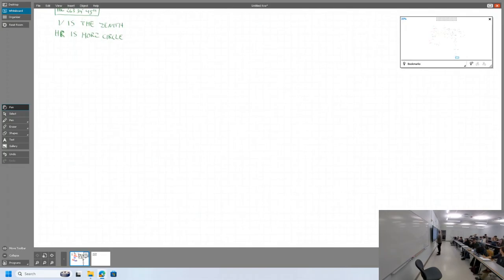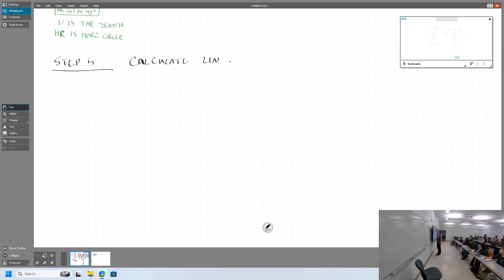Alright, so step number 5 again is to calculate line azimuths. And are we using any given information, or some kind of specific information? Specific.